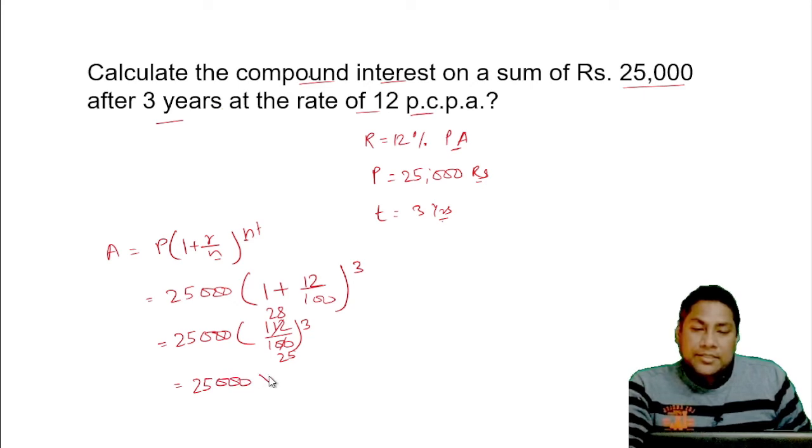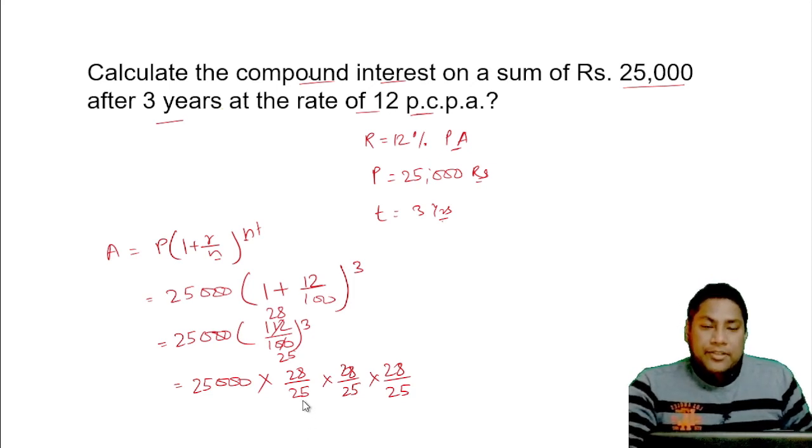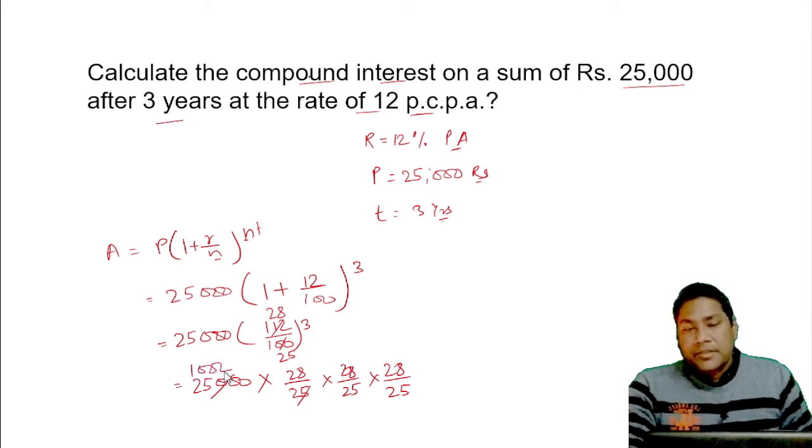Now we can write it as 25,000 into 28 by 25 multiplied by 28 by 25 multiplied by 28 by 25. Now we'll solve this. Here 25 and 25,000 will give 1,000. Now by 25, 25 4s are 100 and 0, 40. Now by 5, 5 5s are 25, 5 8s are 40, here 8 and 5.